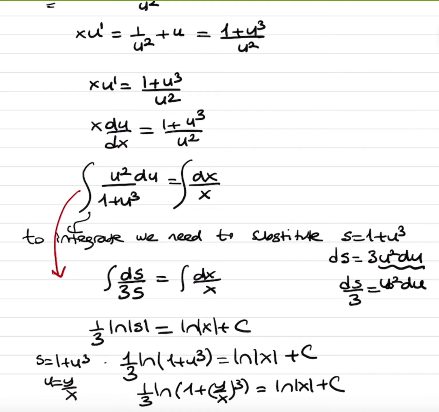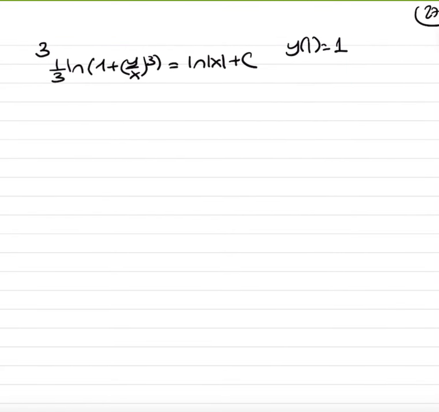But we also have one condition. So our condition was y(1) is equal to 1. So we will put 1. Okay, let me copy this part. Wherever we see x, we will put 1, and the condition says that when x is equal to 1, y is also 1.